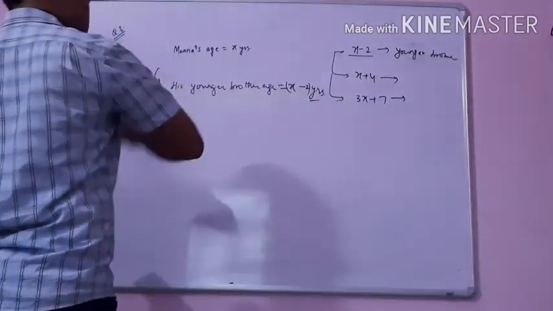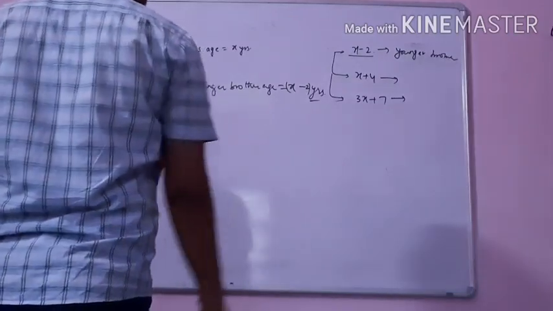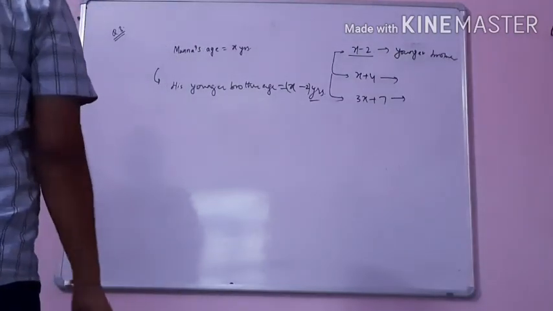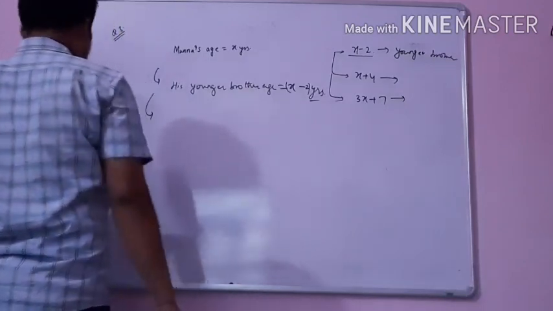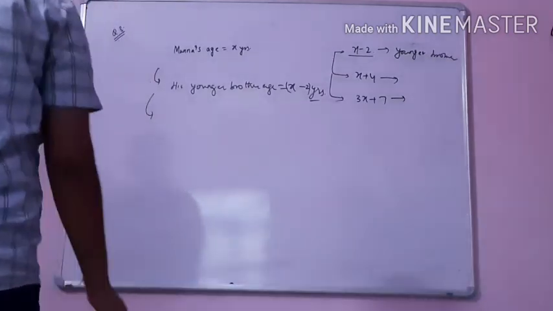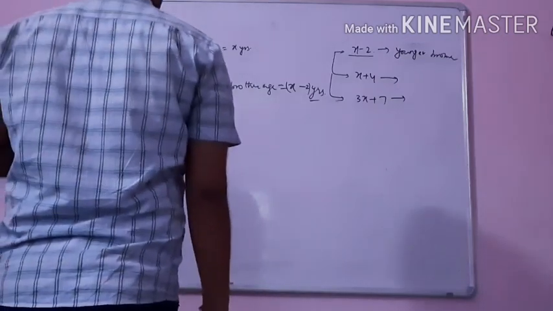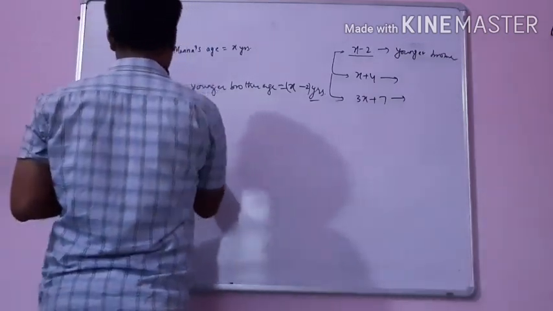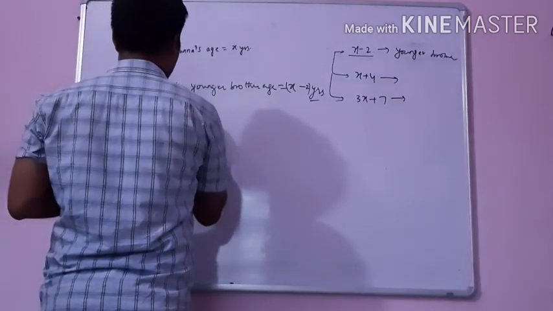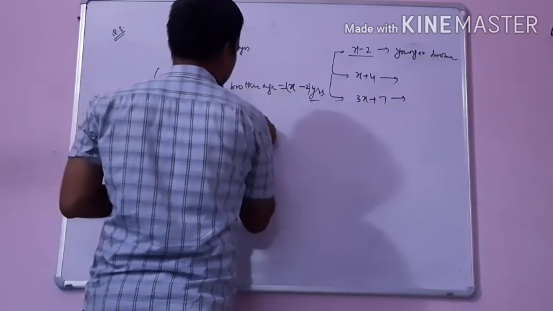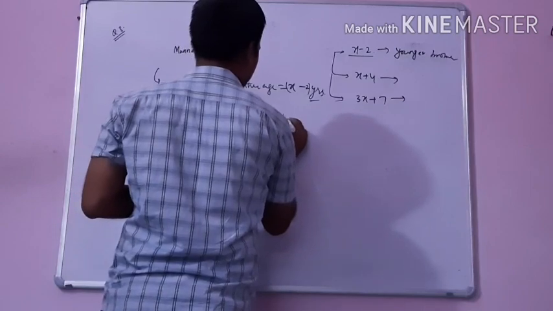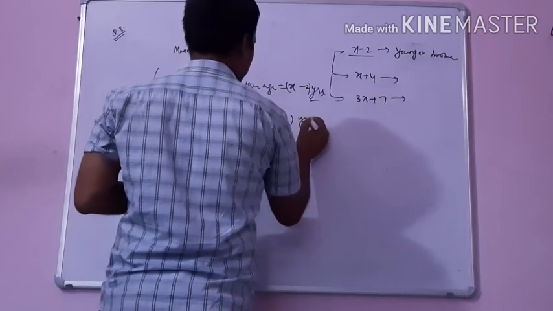It may be his brother or sister, you can take anyone. So we are taking his brother. He is 4 years older than Munna, so it will be his elder brother. His elder brother's age will be x plus 4 years.